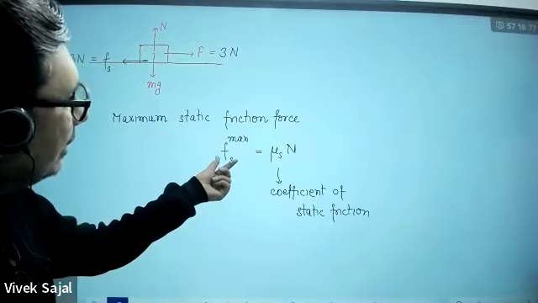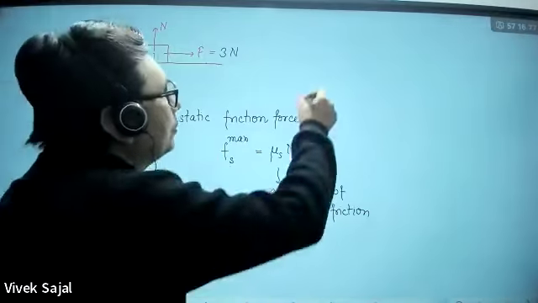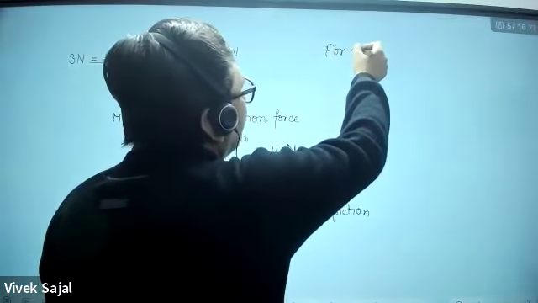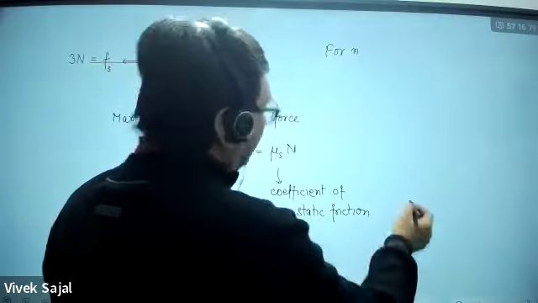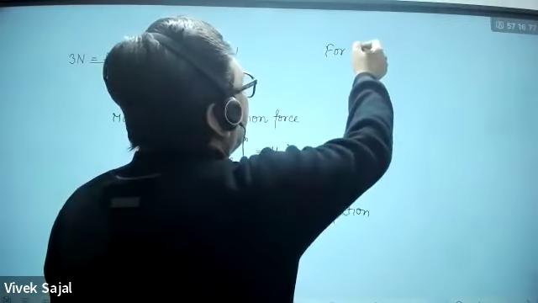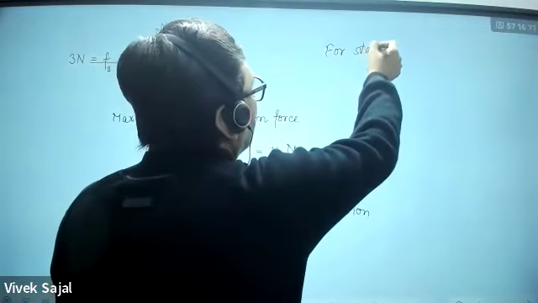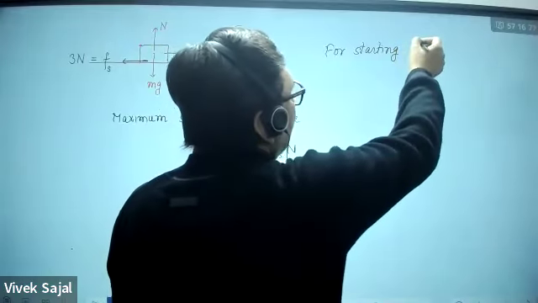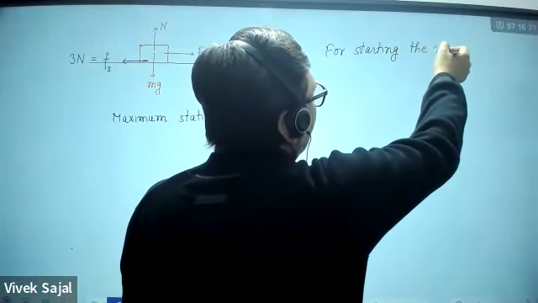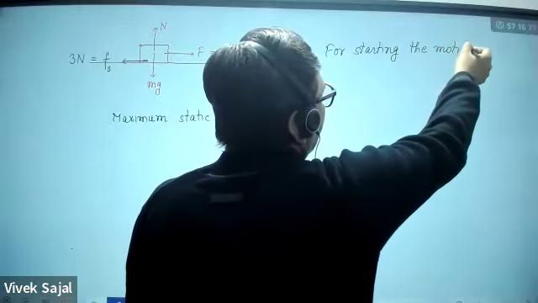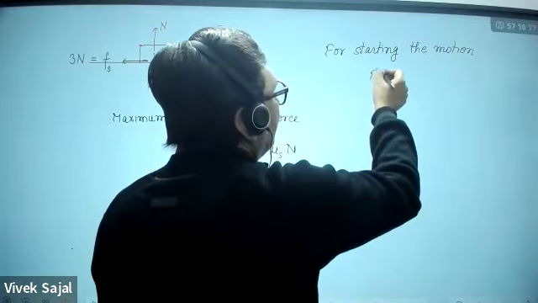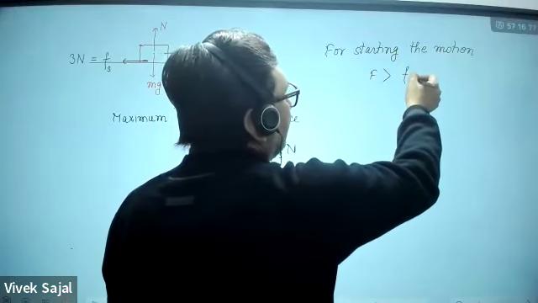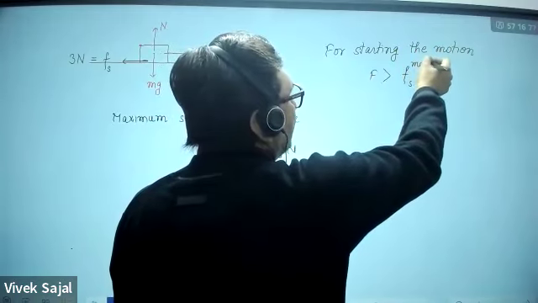If you apply a force that is greater than this, the block will start moving. So for starting the motion, this applied force should be greater than this maximum value of static friction force.